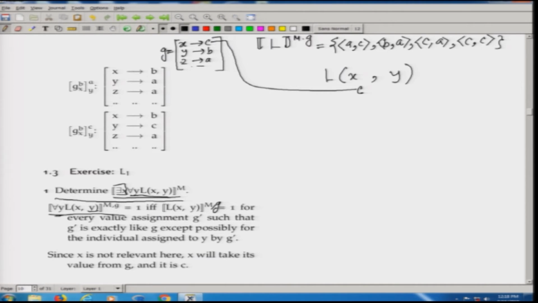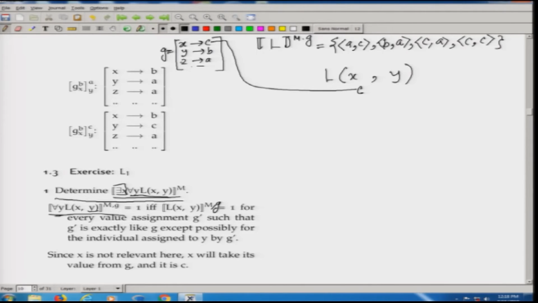G assigns B to y, but then we need to check G primes. The checking type is for all, that means for all value assignments that assign values to y, we must find that C is connected to that value.